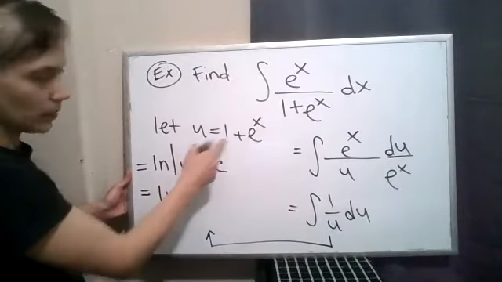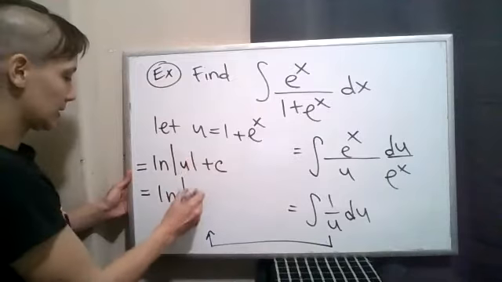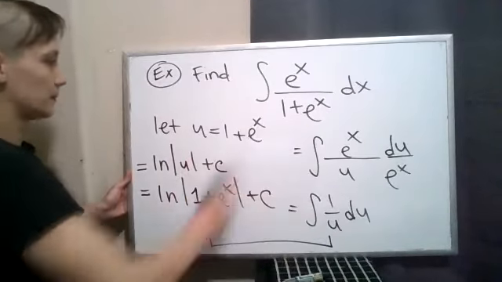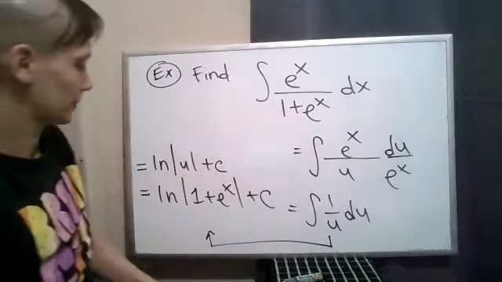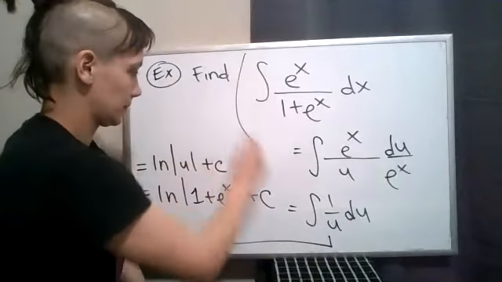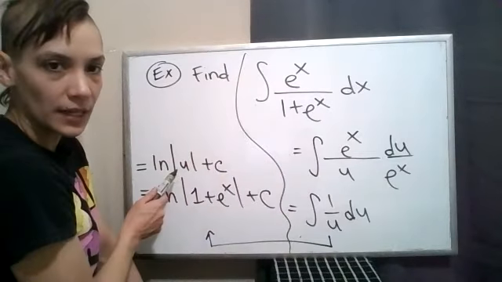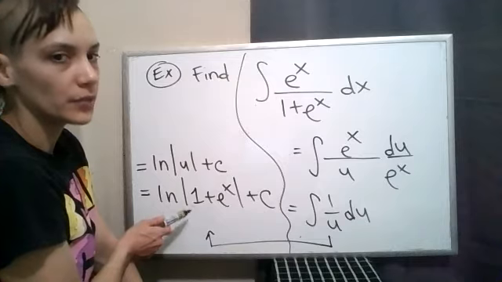Ln absolute value of 1 plus e to the x plus c. Integrate that, and then put in your value for u.